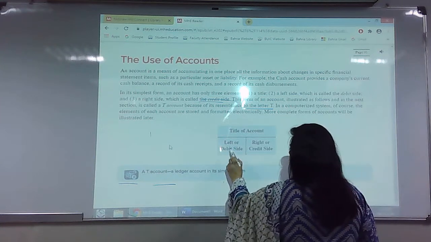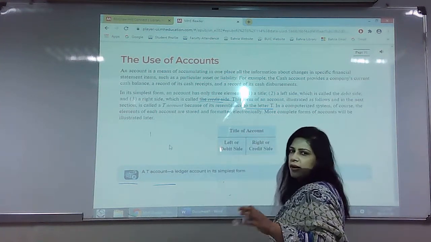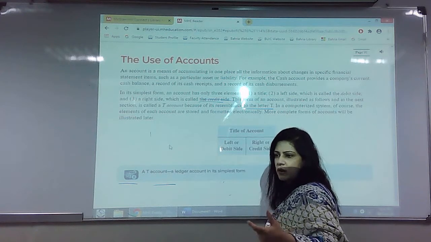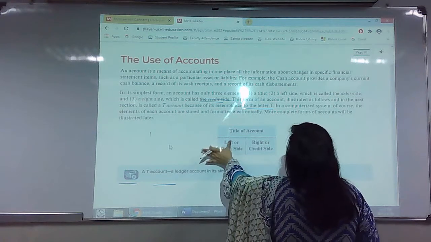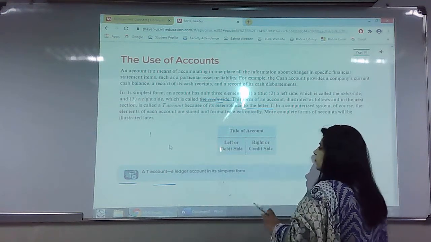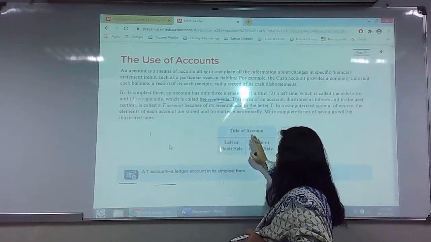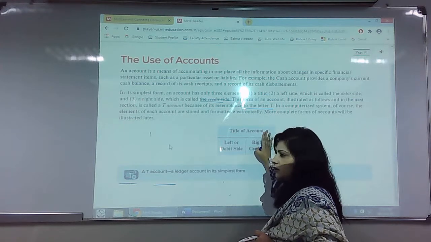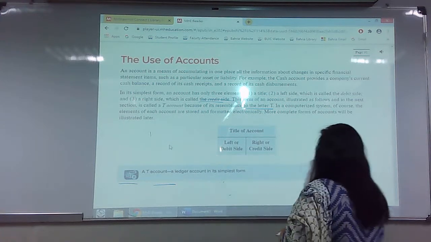If I wanted to write an asset account, the asset could be cash, property, plant, equipment, or furniture, fixtures. This would be written on the left side, the debit side. And on the right side would be if that asset reduced. But if it was some equity, then it would be on the right side, and if it decreased, it would be on the left side, right?